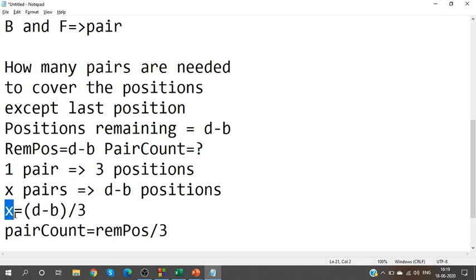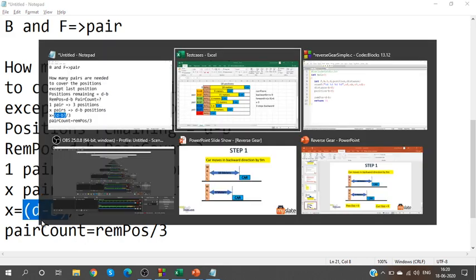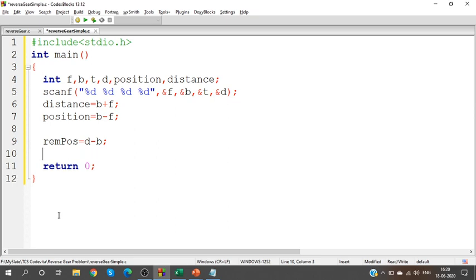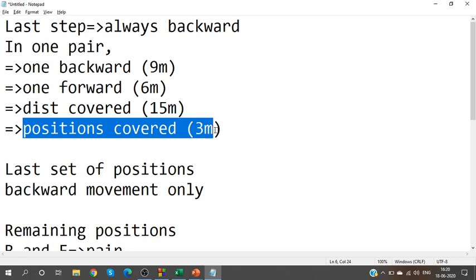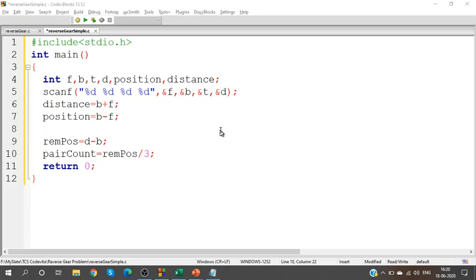X is nothing but the number of pairs. D minus B is the remaining position except the last position. I'll add it here: pair count is equal to remaining positions divided by 3. What is this 3? 3 is nothing but positions covered. So divide by positions covered.